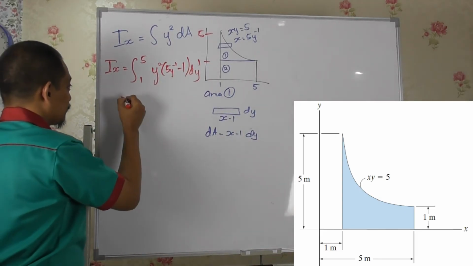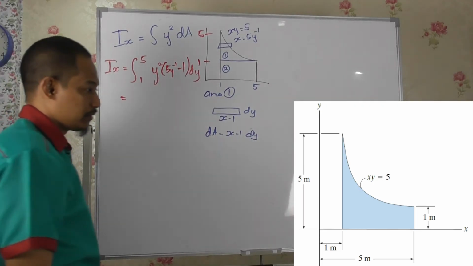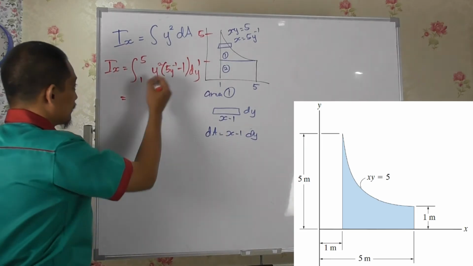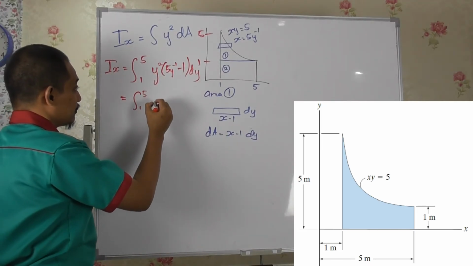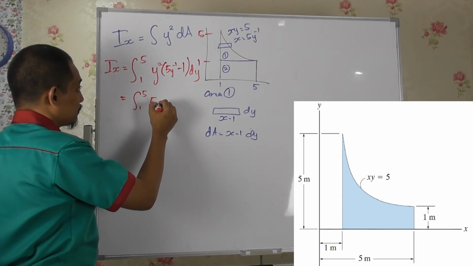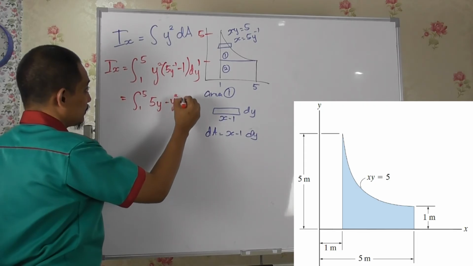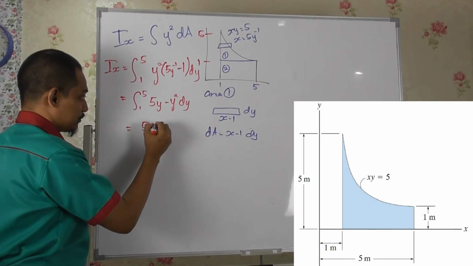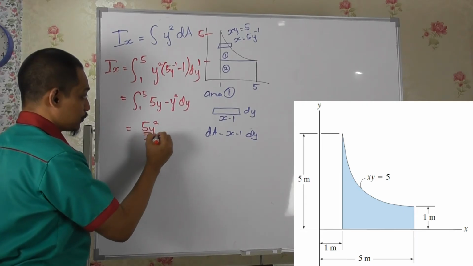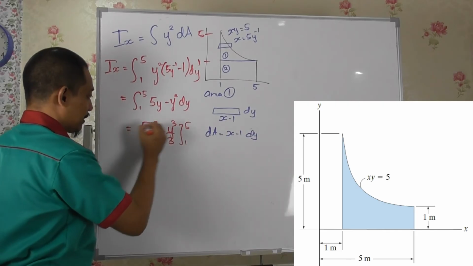Okay, so if you resolve this, if you expand this one first, from 1 to 5, 5y minus y square dy. So we have 5y, you integrate: 5y square over 2 minus y cube over 3 from 1 to 5.